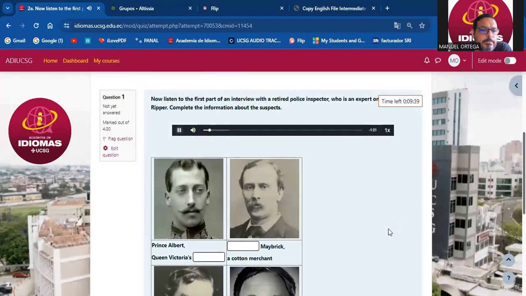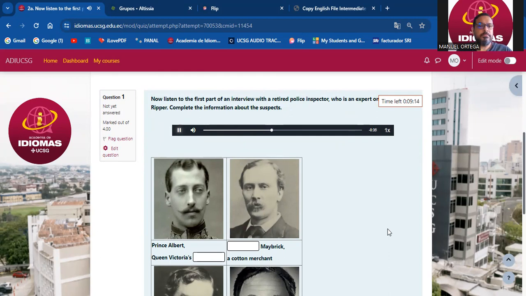Good morning, and thank you for coming, Mr. Morton. Or should it be Inspector Morton? You were a detective with Scotland Yard, weren't you? Yes, that's right. For 25 years. I retired last year. People today are still fascinated by the identity of Jack the Ripper, around 125 years after the crimes were committed.